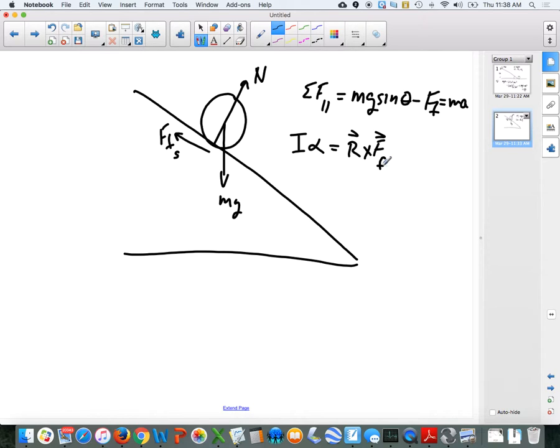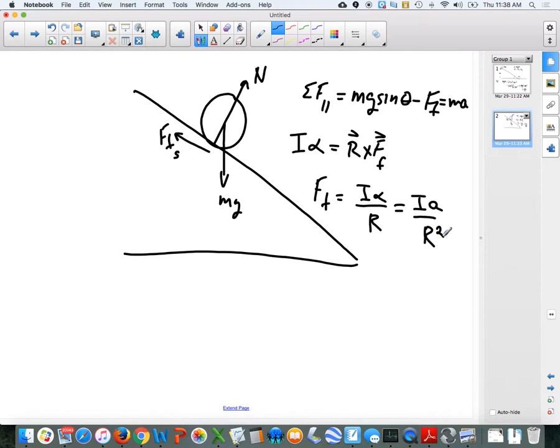Does that make sense? So I can write the force of friction is I alpha over r. Remember that alpha is a over r, so I can write this as I a over r squared.